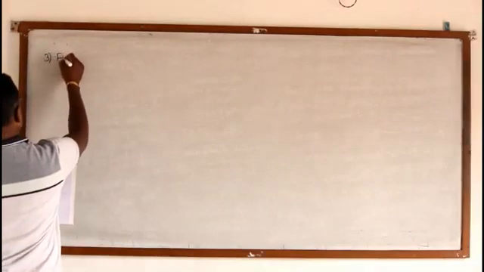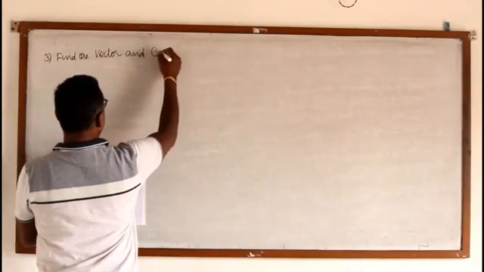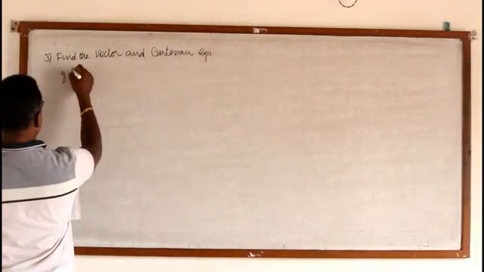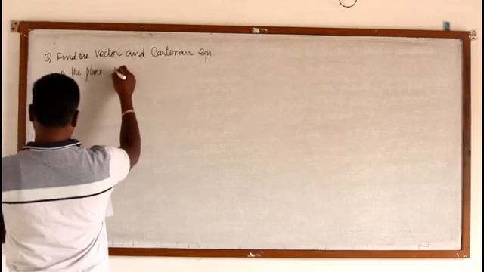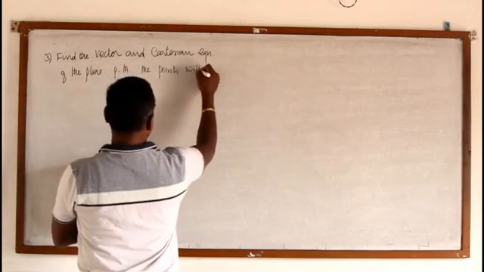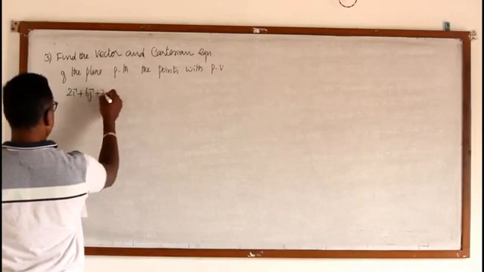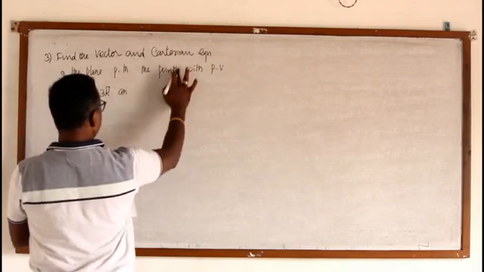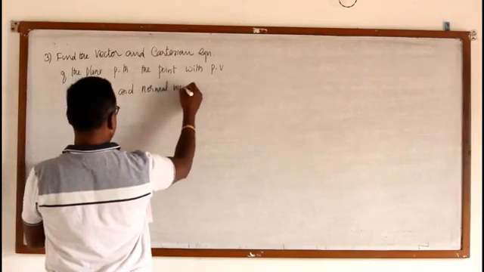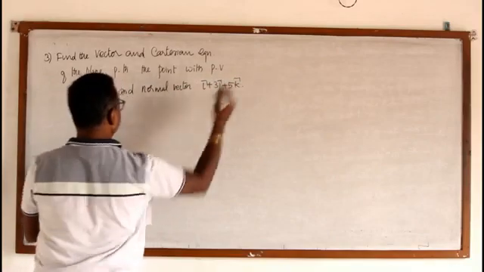Third problem. Find the vector and Cartesian equation of the plane passing through the point with the position vector 2i plus 6j plus 3k and normal vector i plus 3j plus 5k.